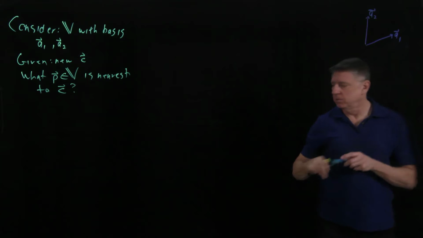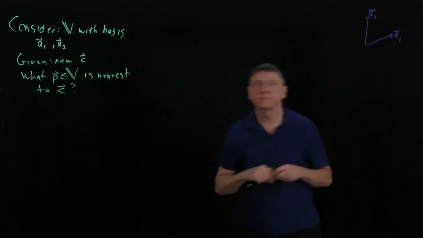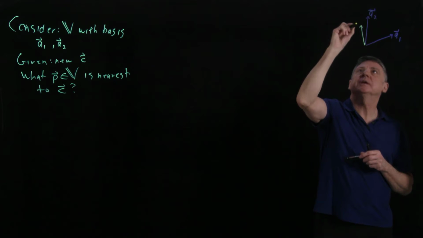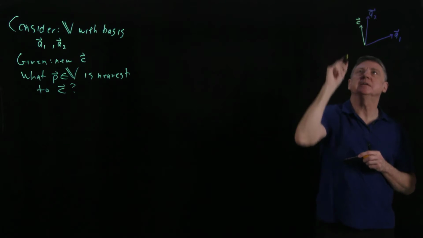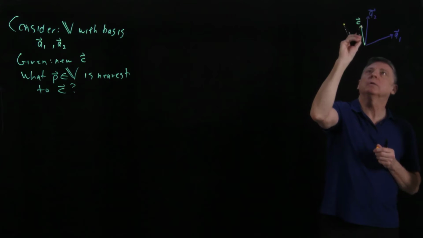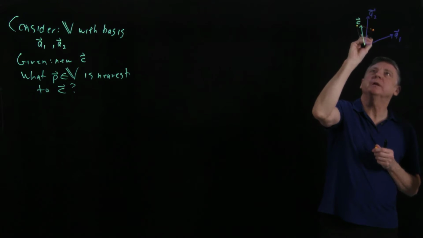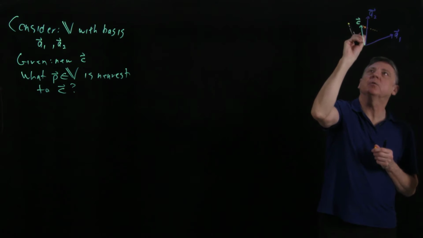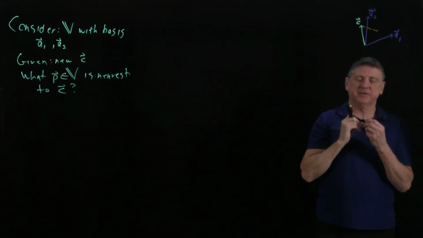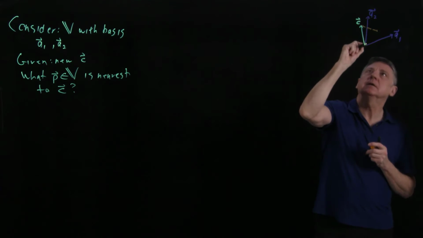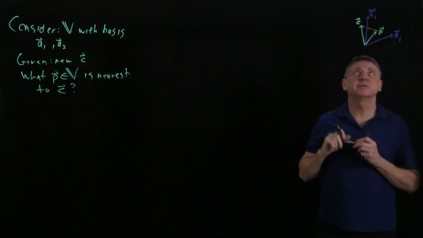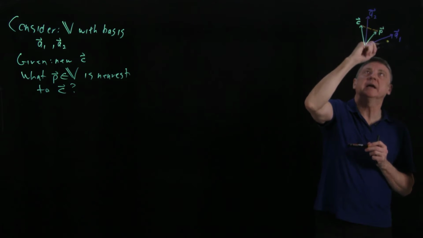And suppose that we are given a vector which is some vector C. What we want to do is project it, or have an orthogonal projection to some vector P that is in the vector space spanned by A1 and A2.